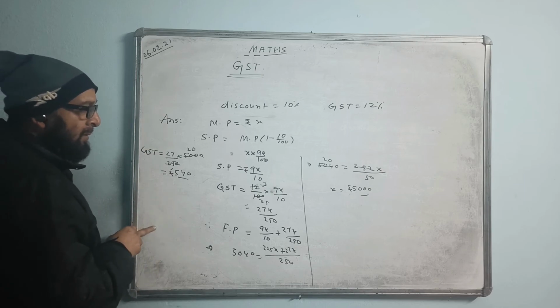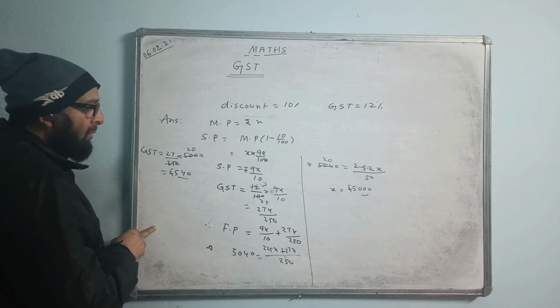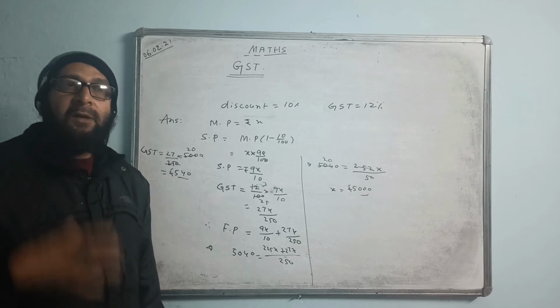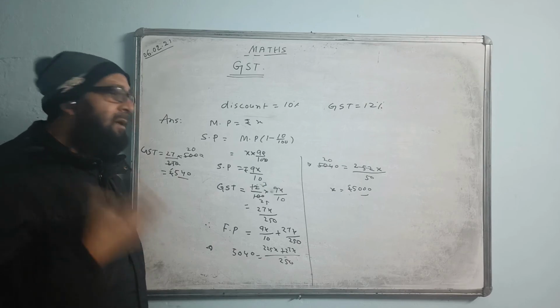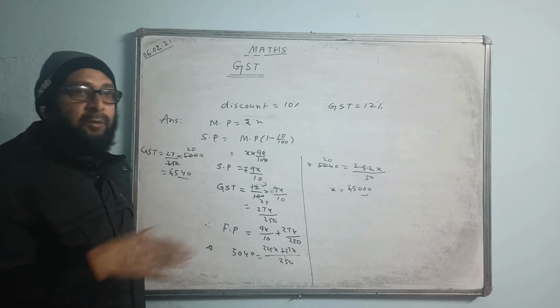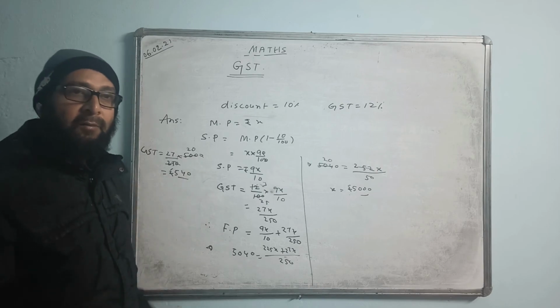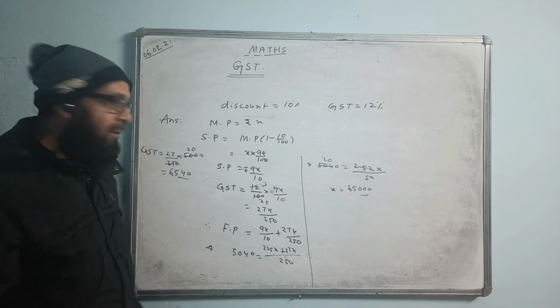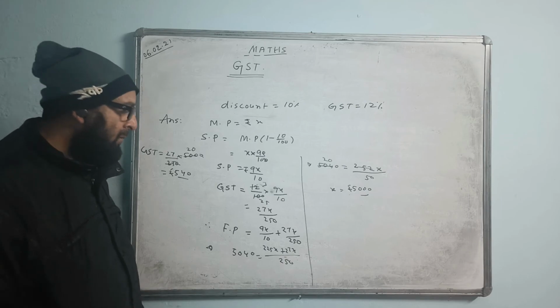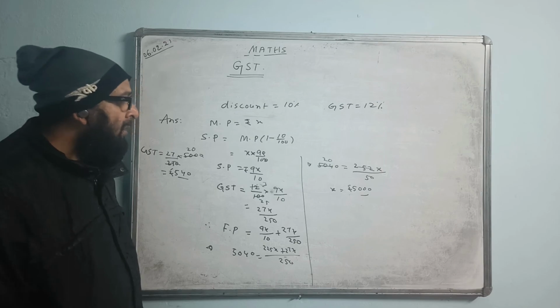Isn't it? Yes or no? So this is the amount of GST. If they ask how much is the share of CGST and SGST, then you divide equally. 540 divided by 2, for the central government and for the state government. Yeah, 270 to each.